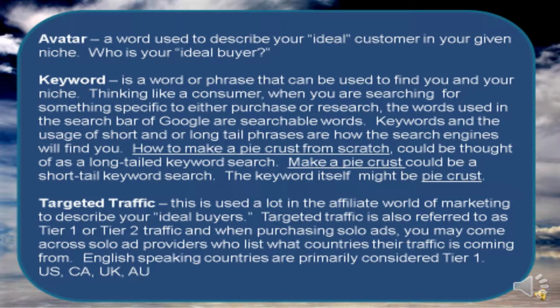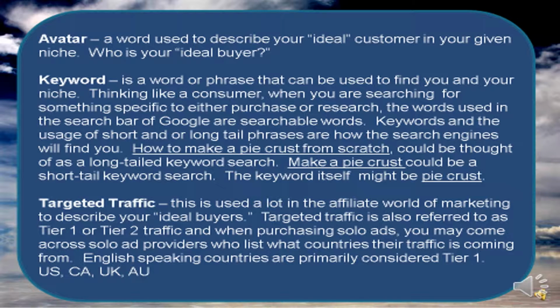So I gave an example here of a long-tailed keyword and a short-tailed keyword, so that you can understand the difference between the two. A long-tailed keyword, of course, is going to be a longer phrase that you use, especially in the search bar. And you can play with this in your keyword searching, okay?